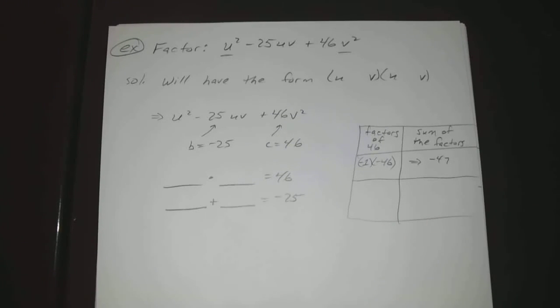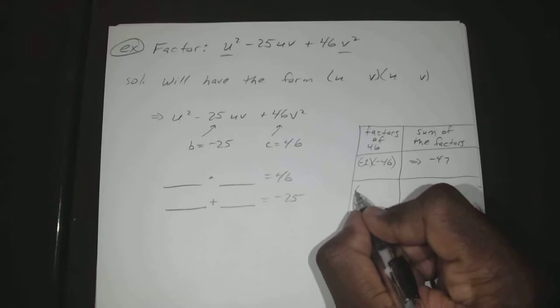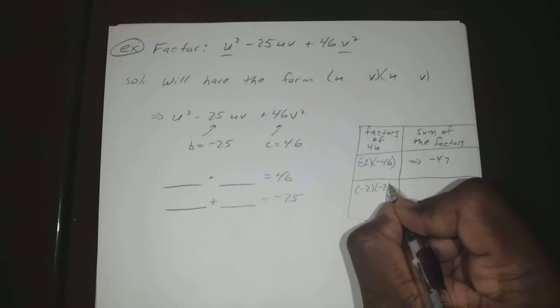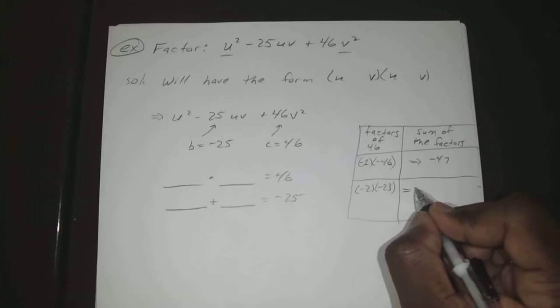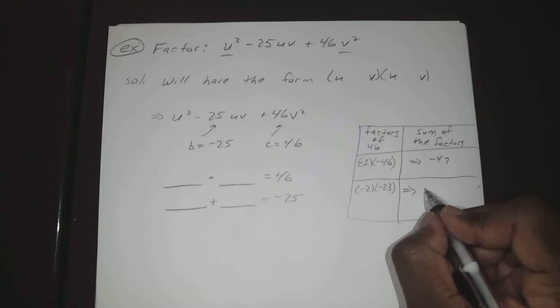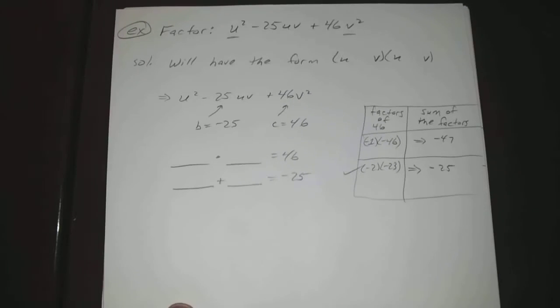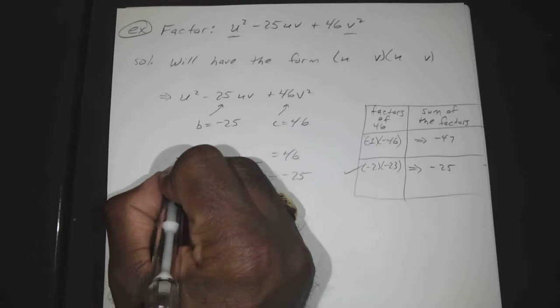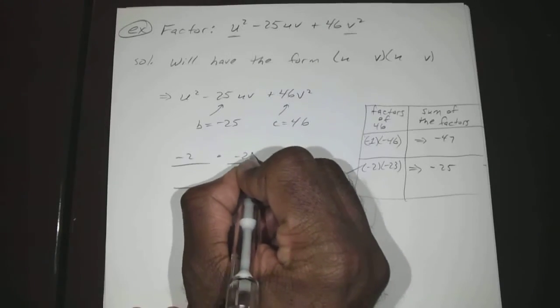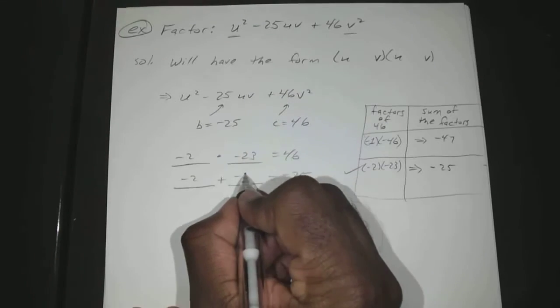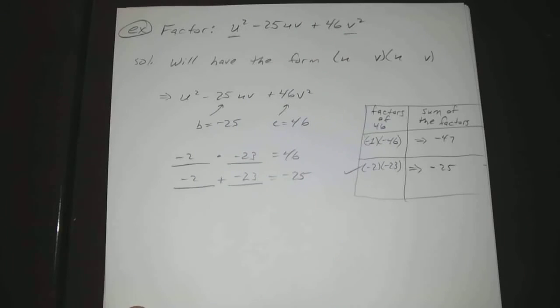So you have 2 times 23. Negative 2 times negative 23 actually gives you negative 25, so that's the one we're going to use. So you have negative 2 and negative 23, or you can have negative 23 and negative 2. Doesn't matter which order you put them in.